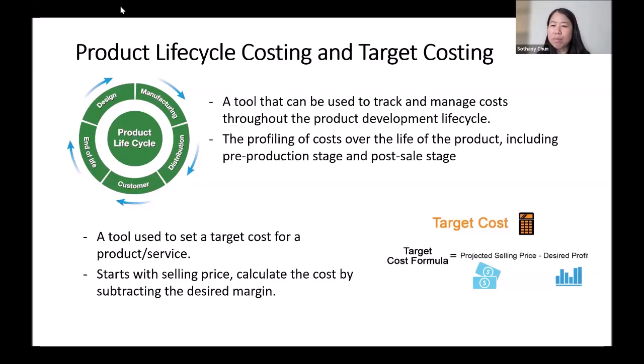So you have the selling price, and then you minus the margin that you want to have from that product, and then you calculate the cost. And then from there, whatever product design, whatever production requires, you need to make sure that you manage within the targeted cost to ensure you are competitive in the market and you can get the level of margin you're looking for.